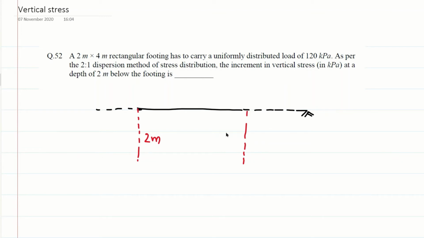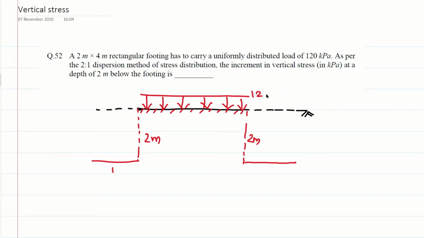So 2:1 distribution. I have gone to a depth of 2 meter, so the load spreads by a horizontal distance of 1 meter. So that is what 2:1 distribution means. Actually at the surface the load is acting only at this place. So here alone your 120 kPa load is actually acting. So this is your 120 kPa load.